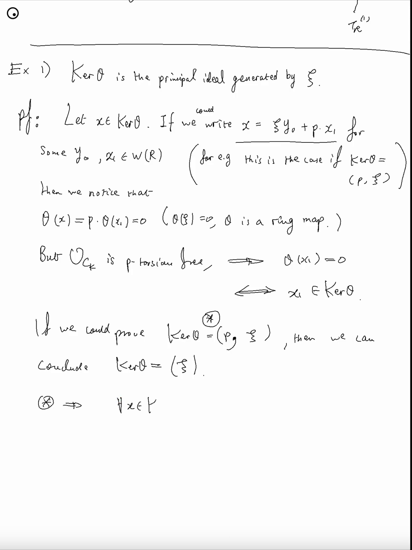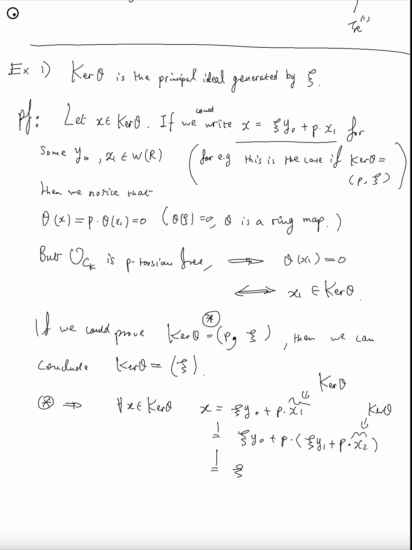any x in the kernel of theta, x is c y0 plus p x1 for some x1 in the kernel of theta, and then this is again c y0 plus p times something in the kernel of theta, which is c y1 plus p times some x2, with this x2 in the kernel of theta, and then iteration.